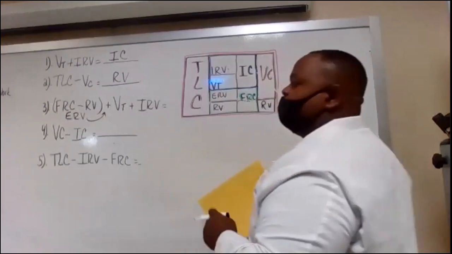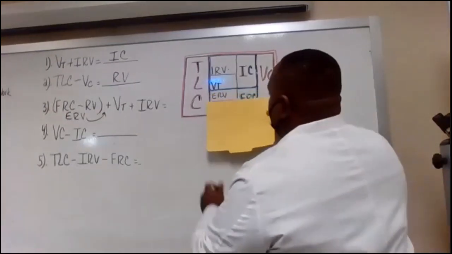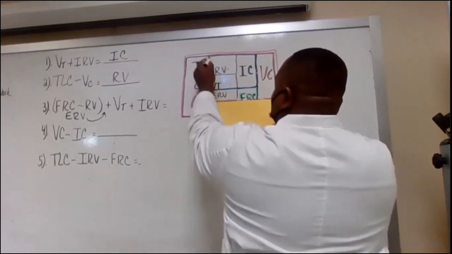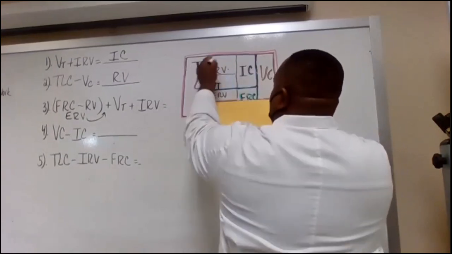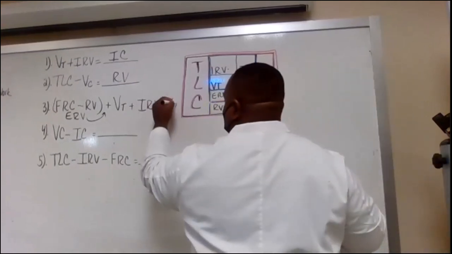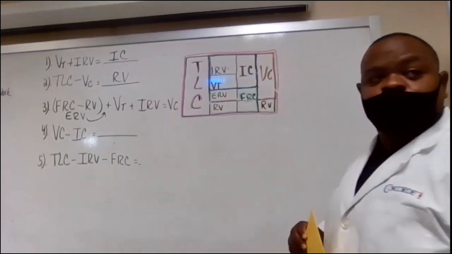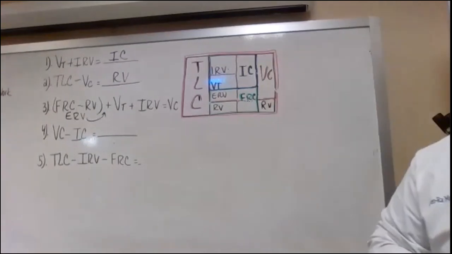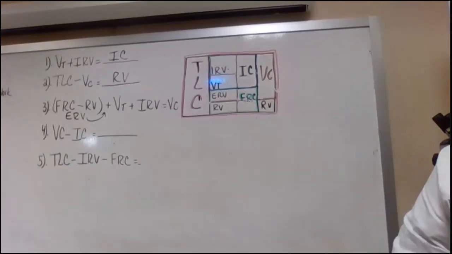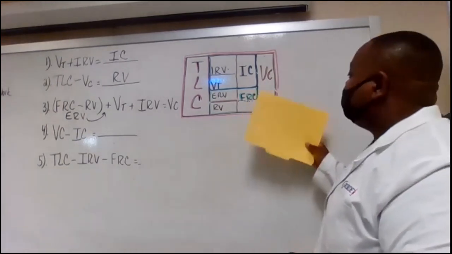So ERV plus VT plus IRV is all of this, which is the vital capacity. So that answer is vital capacity. You good, Miss Amy? You good? Okay. That is my vital capacity.